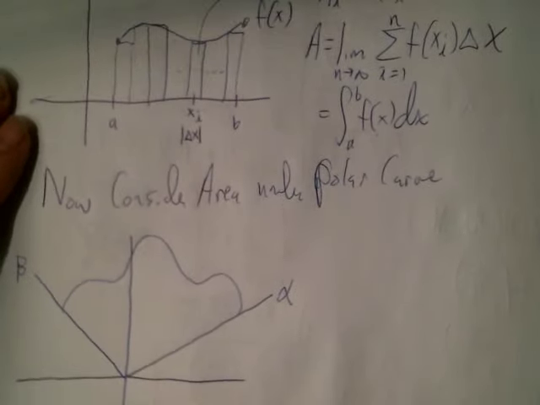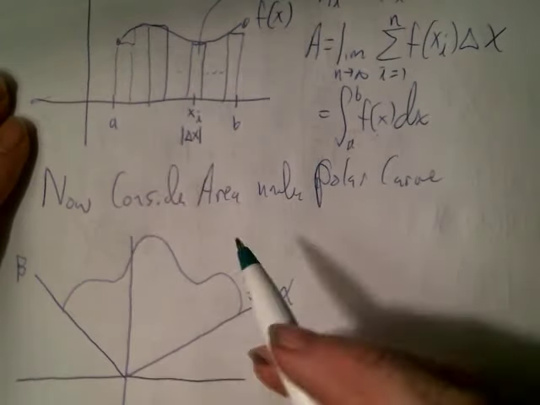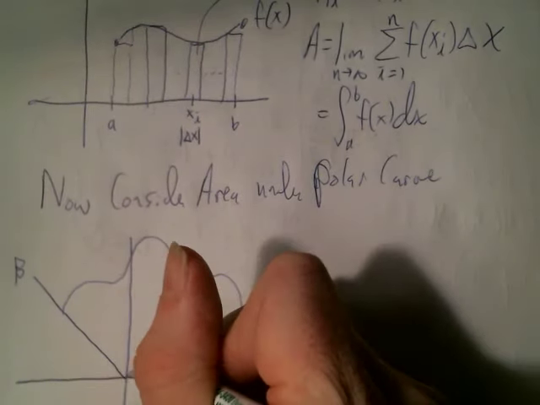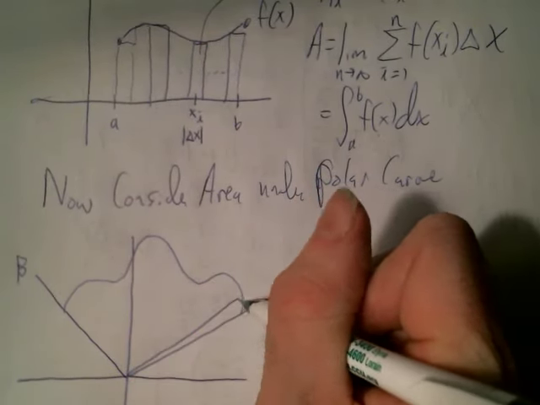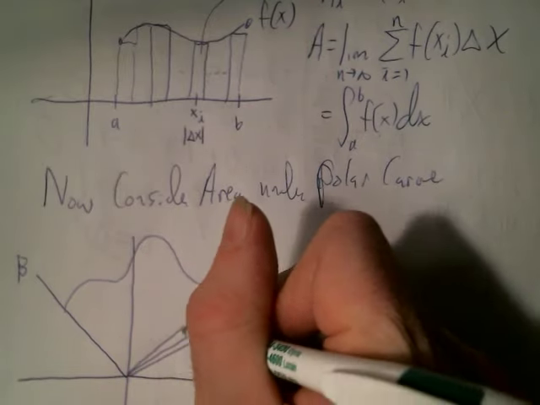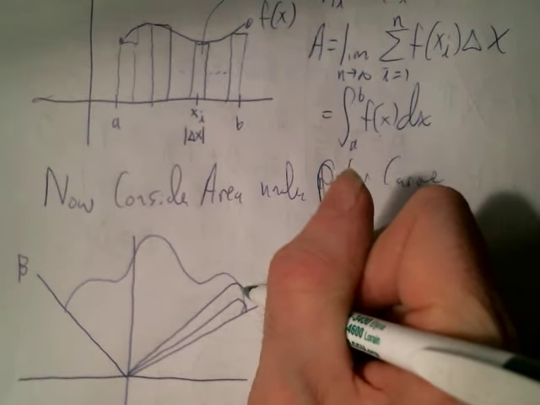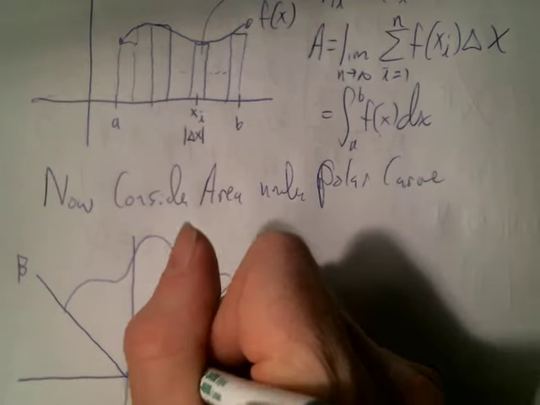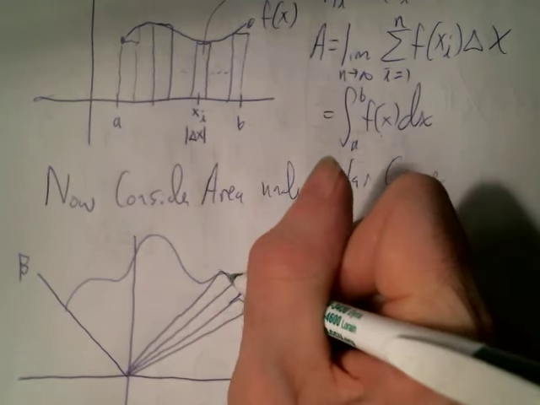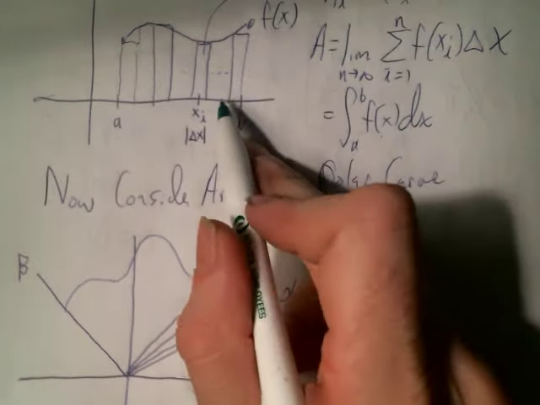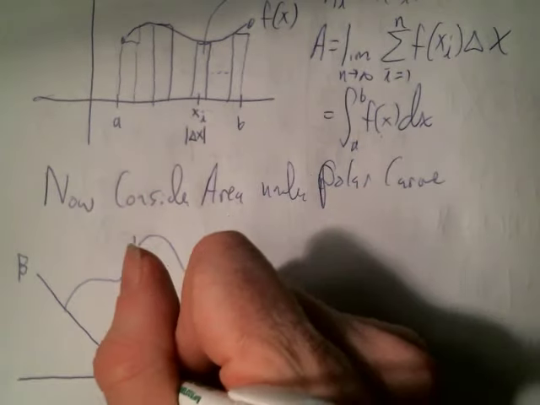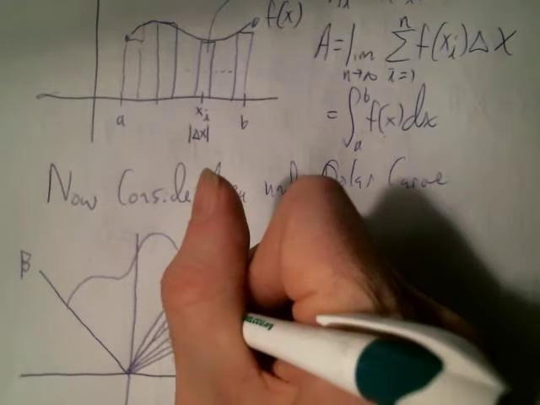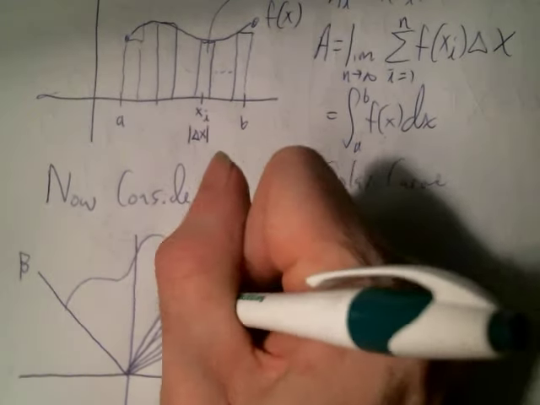So instead of sectioning it up into rectangles, I'm sectioning it up into little pizza slices. Okay, so we'll have these tiny little slices of pizza here, which are basically just sectors of circles. And it's the same idea as this. We're filling it up with all these pizza slices. Dot, dot, dot.